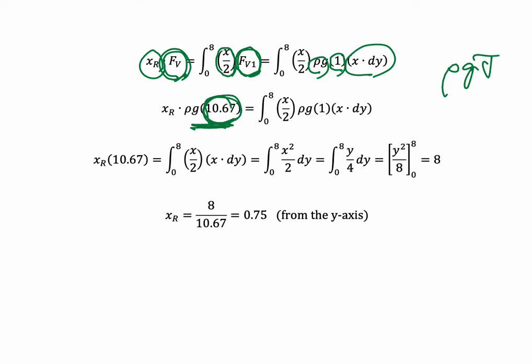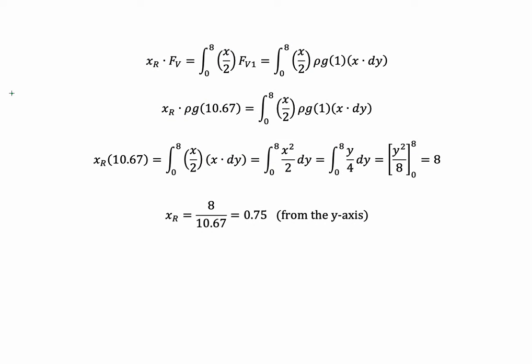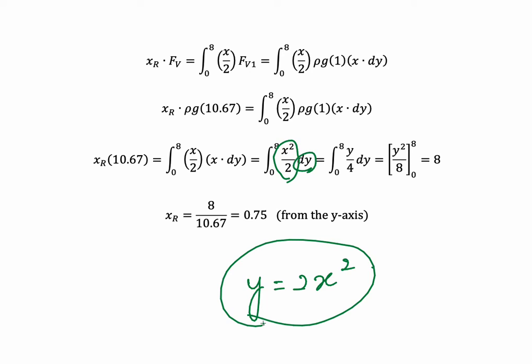So and then we could calculate this equation. Okay, so here we will do integration in terms of dy. However, our equation is in x. So we replace, because we know y is equal to x squared over 2. From this equation, we could know that x squared is equal to 2y.